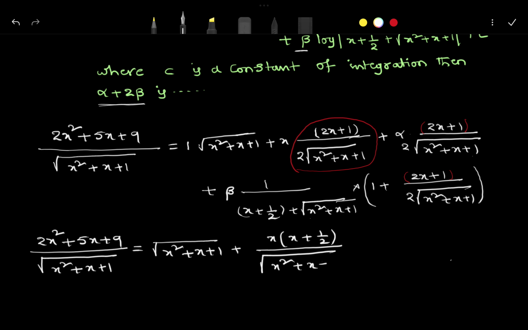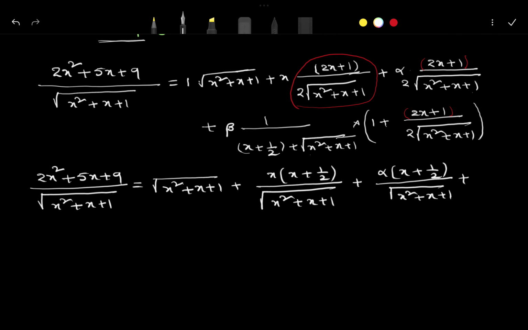I hope everyone is clear on this one. Plus alpha into (x plus 1 by 2) divided by root of x square plus x plus 1, plus the next one, beta divided by (x plus 1 by 2 plus root of x square plus x plus 1).